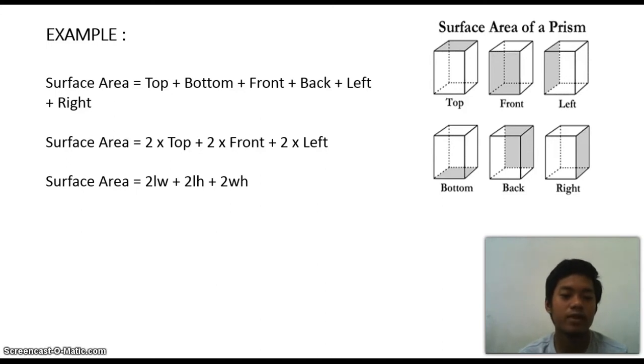The second step is surface area equals 2 times top plus 2 times front plus 2 times left of the rectangular solid. The third step is surface area equals 2 times length times width plus 2 times length times height plus 2 times width times height.